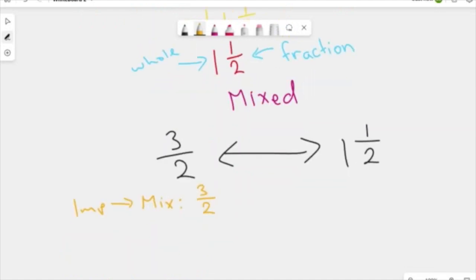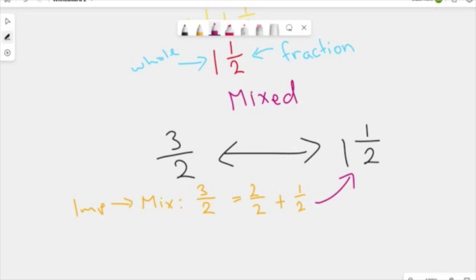We notice that there's a whole in here because we would have some 2/2, because 2 over this denominator of 2 gives us a whole, and then we have a remainder up here. So in the same way we did before, we have 2/2 plus 1/2. And from there, we can convert to this form.